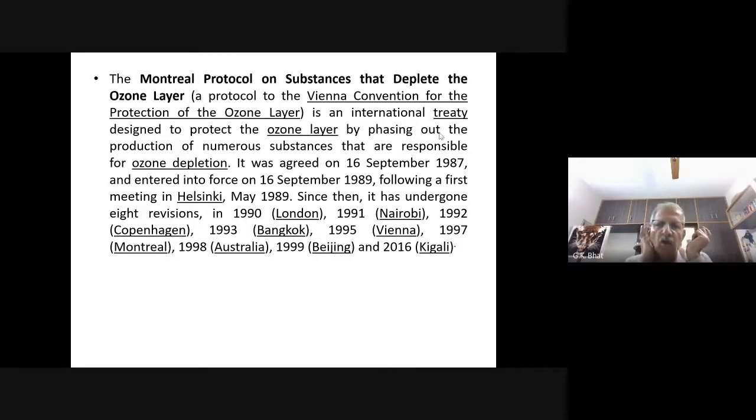It was agreed on 16 September 1987 and entered into force on 16 September 1989, following a first meeting at Helsinki in May 1980. Since then, it has undergone 8 revisions: 1990, 91, 92, 93, 95, 97, 98, 99, 2016. These many times people have met to take stock of what is happening to the ozone.